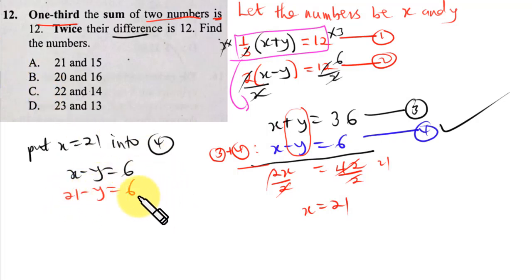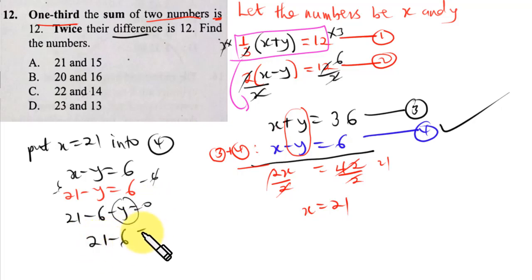And I have to subtract 6 from both sides of the equal sign. So minus 6 here, then I have minus 6 here. So this will cancel that, and I will have 21 minus 6 minus y equals 0. Okay, and I have to also get rid of this here. So I have to add y to both sides. So I'm going to have 21 minus 6 equals y.